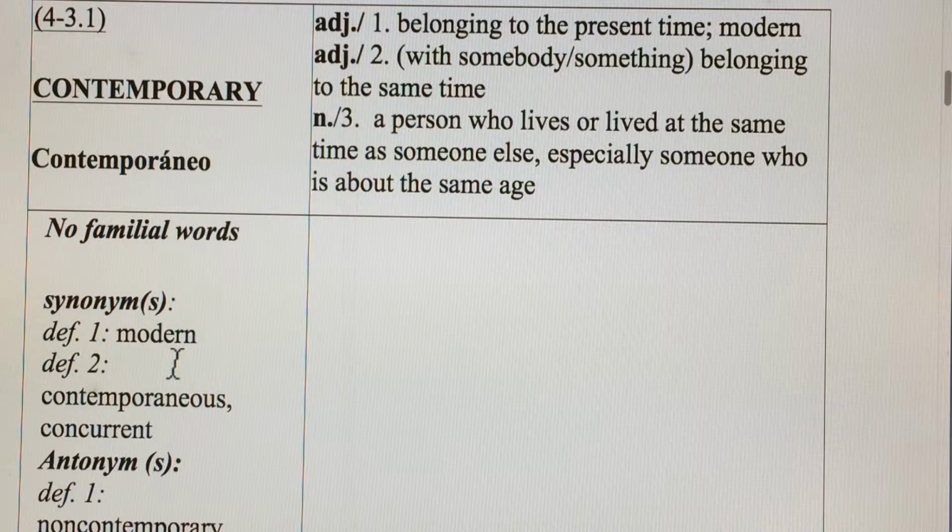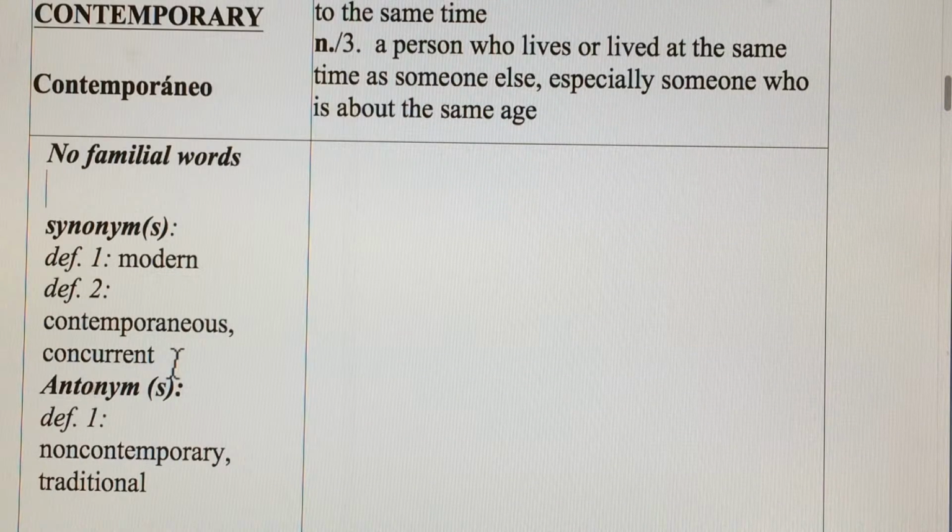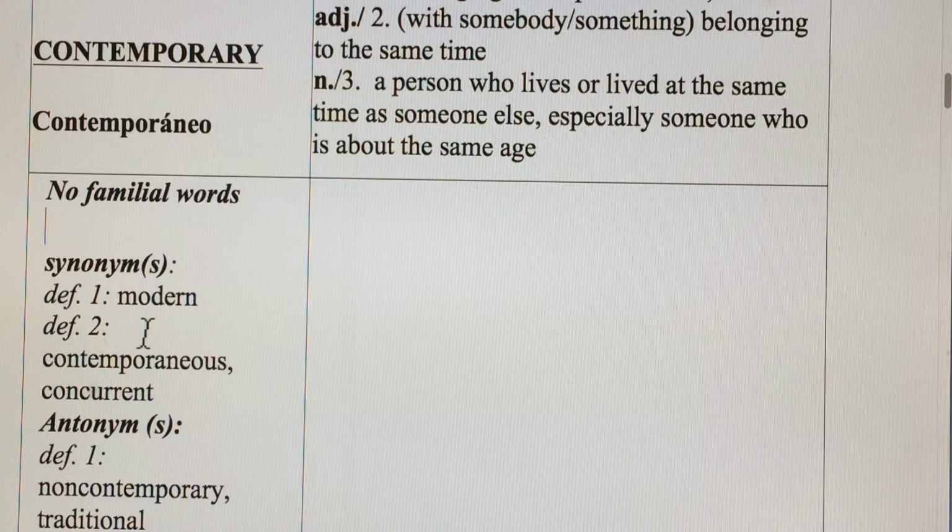All right, so there are no familiar words, but you have some synonyms related to each of the definitions. So you have modern for the first definition, and then contemporaneous, which is a really high-level word, not that often used, but it's really nice.